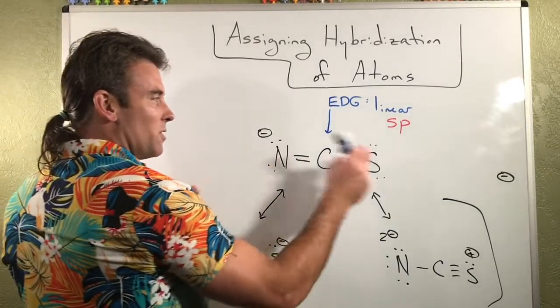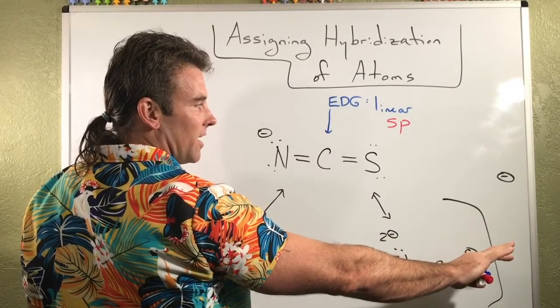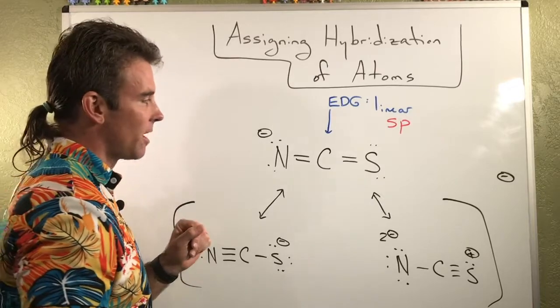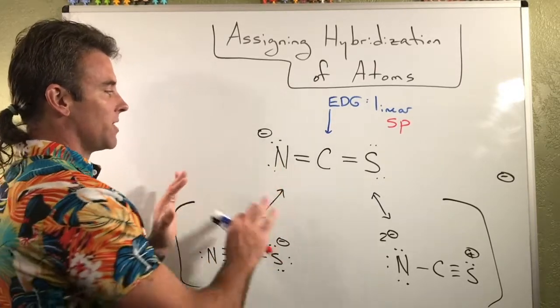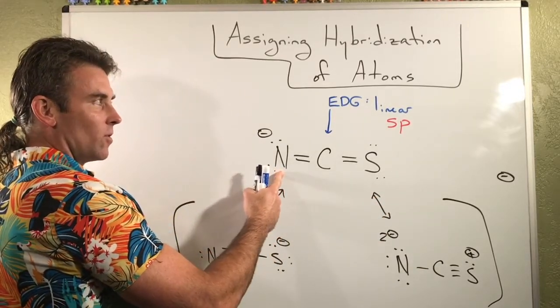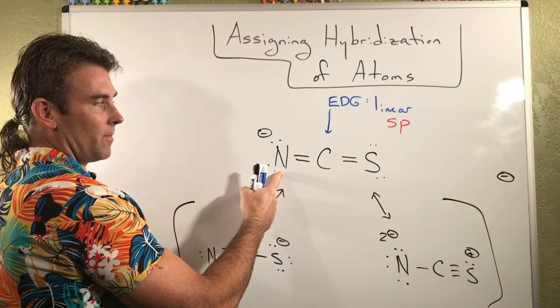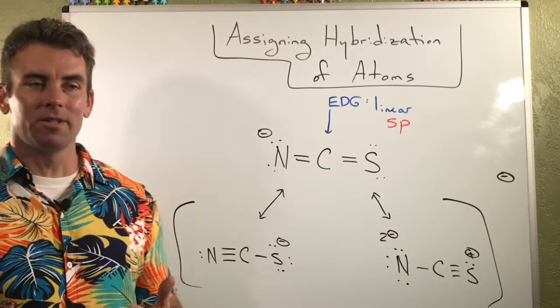But imagine how you would assign this thing without these resonance forms right here, and watch how you could end up with the incorrect answer in terms of your hybridization. So we look at this nitrogen and just pretend that we don't know that these exist. You might imagine that that thing is some sort of trigonal planar electron domain geometry, right? And, absent these resonance forms, you'd be 100% right.